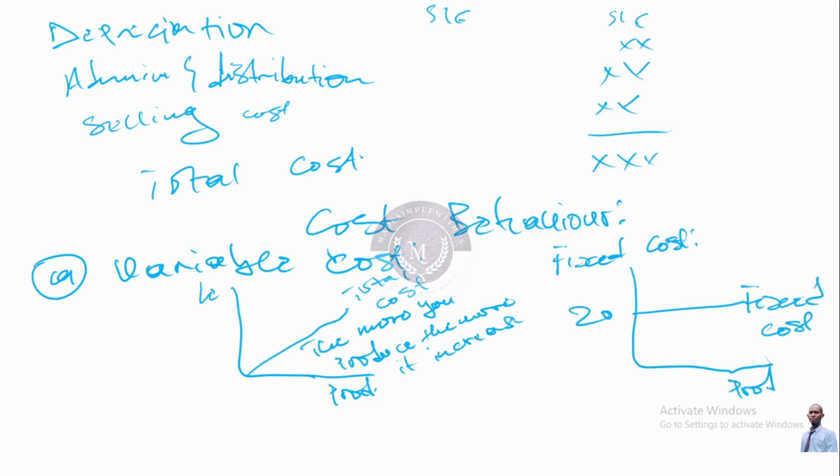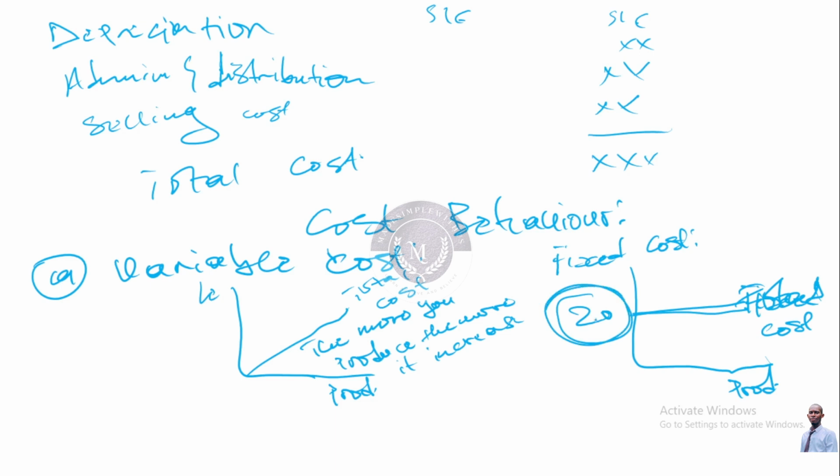This is the production. This is the total cost. It's fixed. It doesn't change regardless of the level of activity, because the cost of one watch is 20 units.